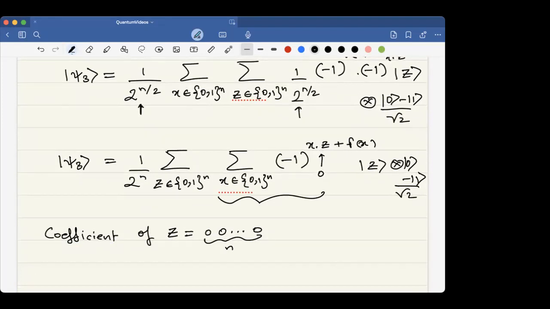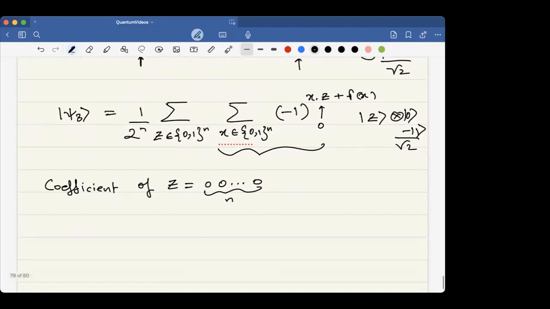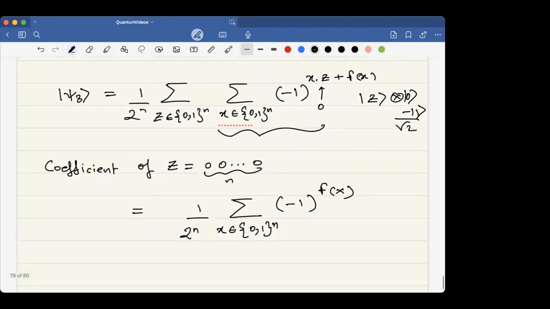So what will this coefficient be? It is going to be 1 over 2 to the n, summation over x belonging to {0,1}^n, (minus 1) to the f of x. This is going to be the coefficient of z equal to all zeros, right?